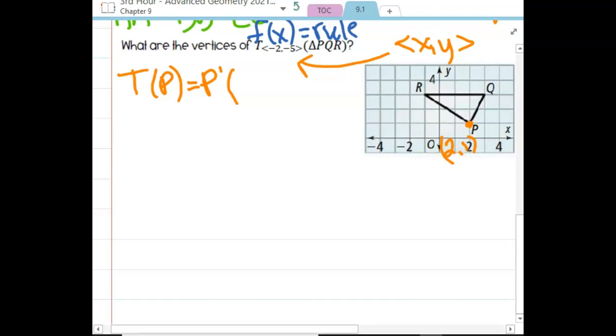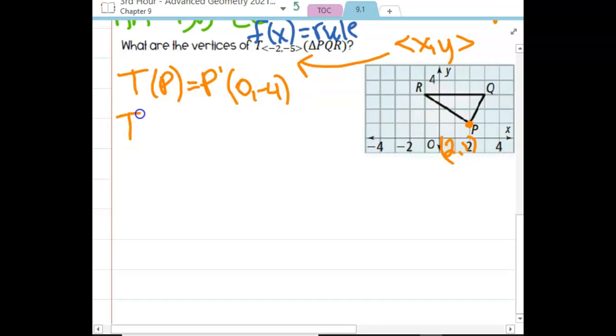And like I said, my rule says I need to go left 2 and down 5. So if you wanted to, you could go left 2, down 5, but it goes off the graph, so you'd have to kind of count. Another way to think about it, if you go left 2, where would you be at on your x-axis? 0. And if you go down 5, -4. Subtract 2, subtract 5 would be at 0, -4. So P prime would be at 0, -4.